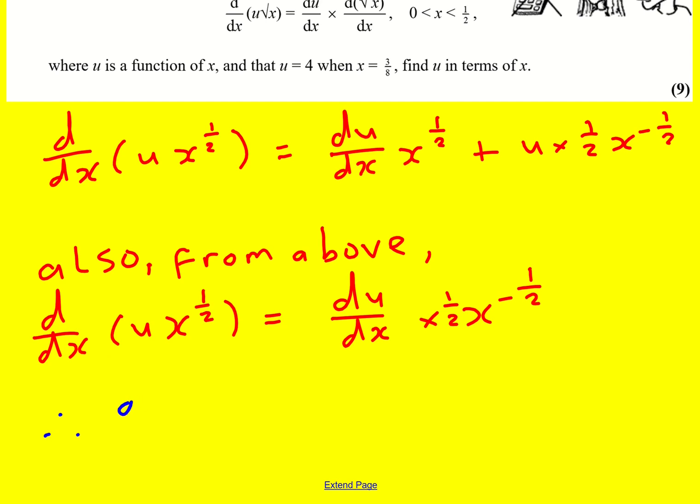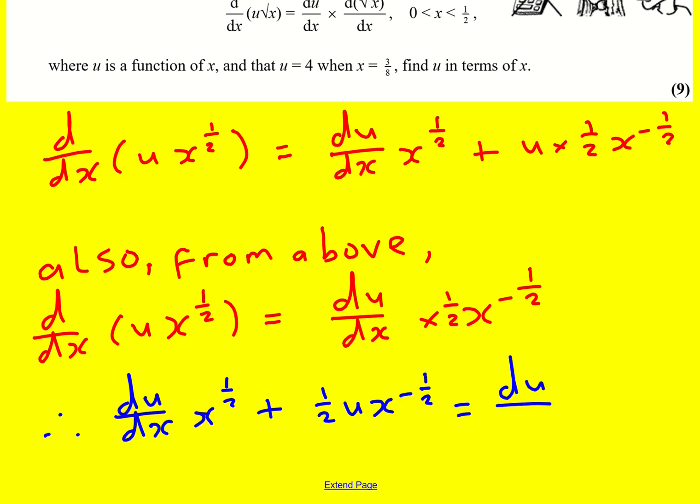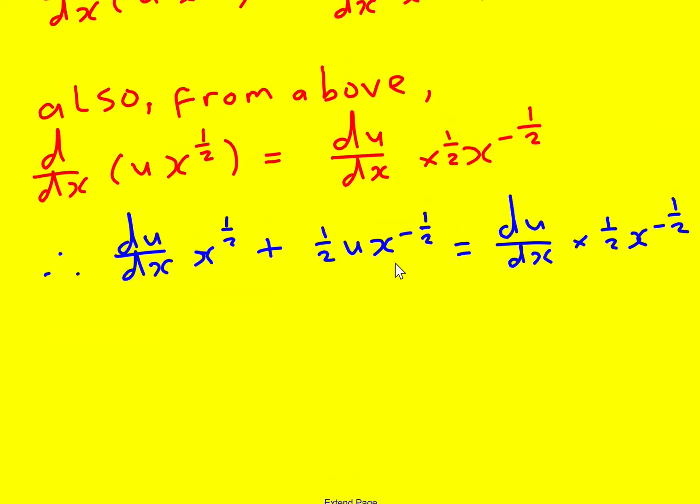Therefore, du by dx, x to the half, plus a half u x to the minus a half equals du by dx times a half x to the minus a half. I think it makes sense at this point to times through by root x essentially.